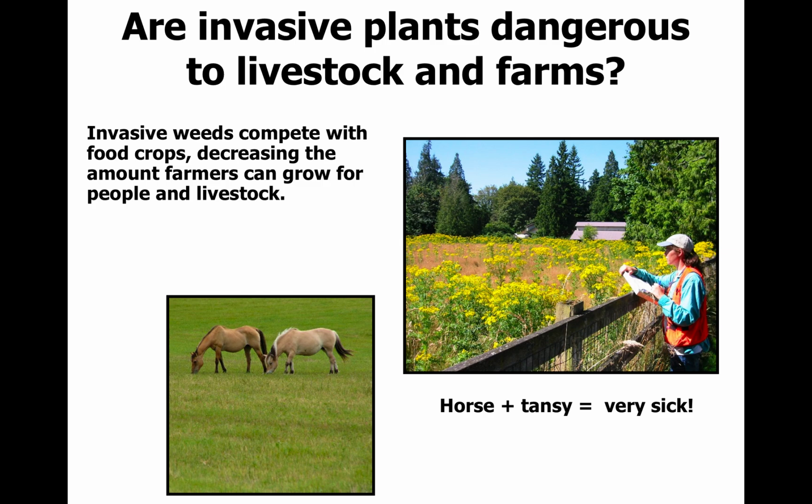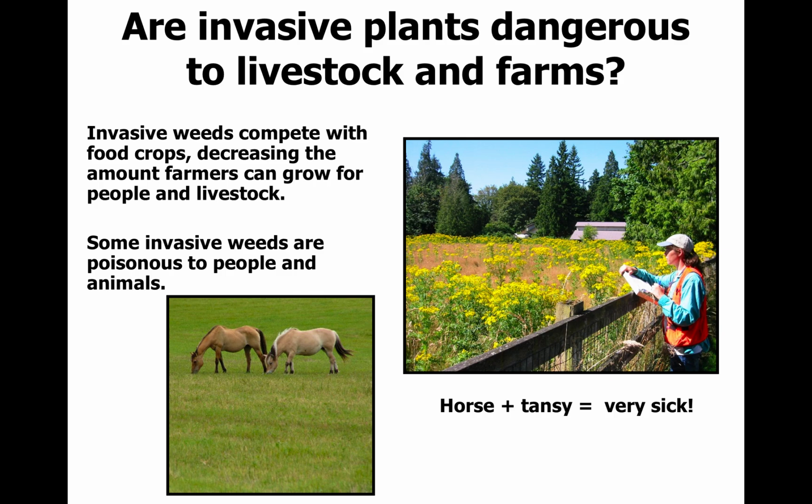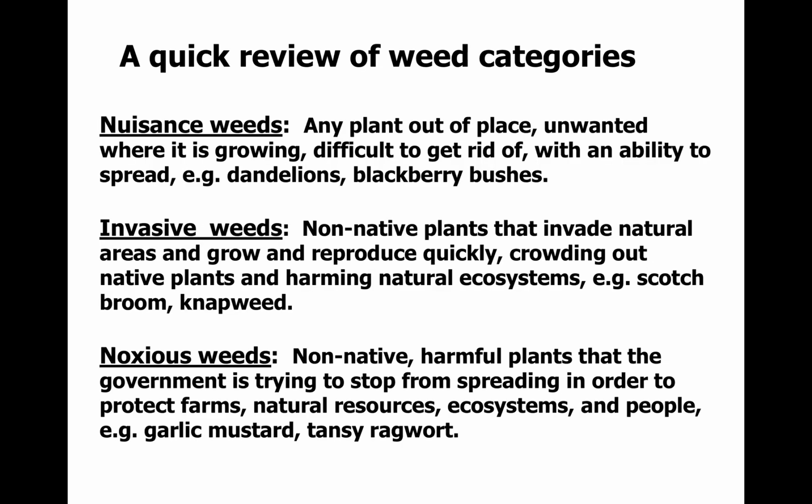And if you have something like a pasture where you're raising cattle for beef, then the farmers that are trying to grow those cattle aren't able to feed them as much. And so it reduces their profits. It reduces how much beef that they can grow on that land. So also, in addition to being poisonous to animals, some of these invasive weeds are also poisonous to people.